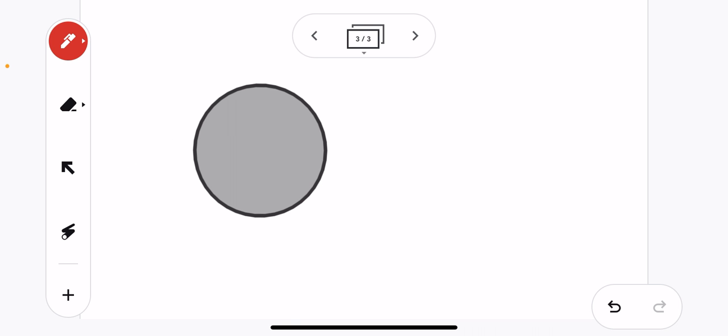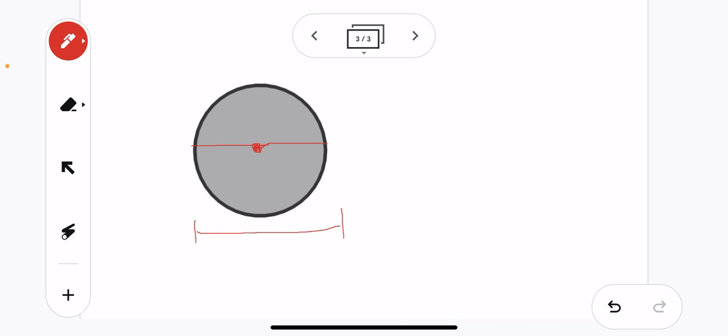Now finding this for a circle, you'd have to find this information from the midpoint of the circle, and you'd have this line that extends from here to the other side. The length of the circle from side to side has a name.